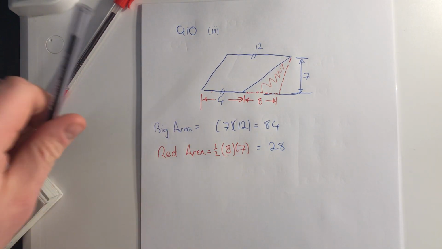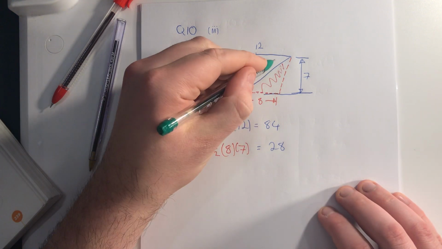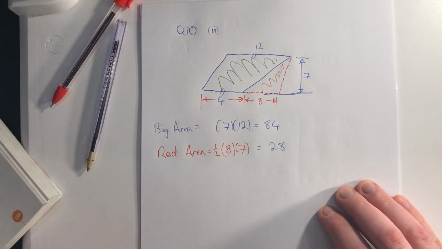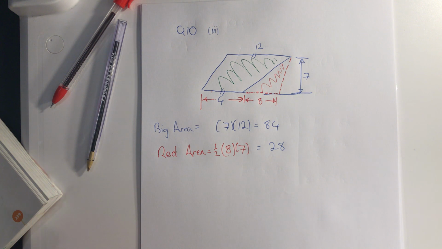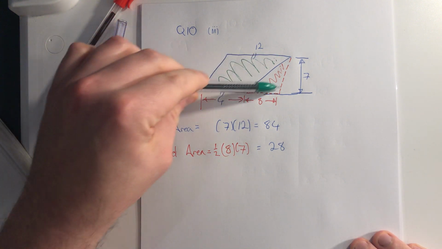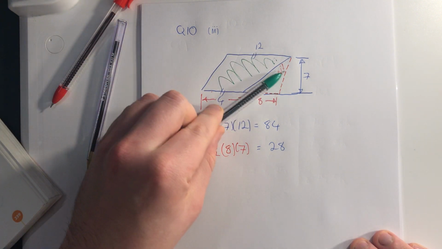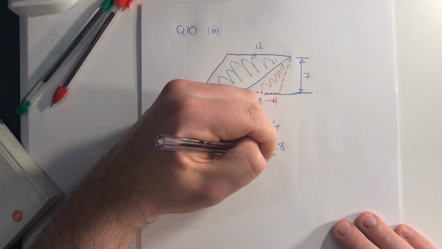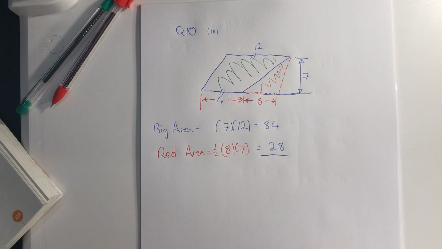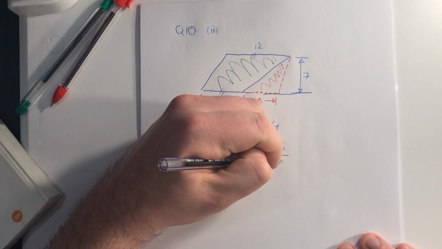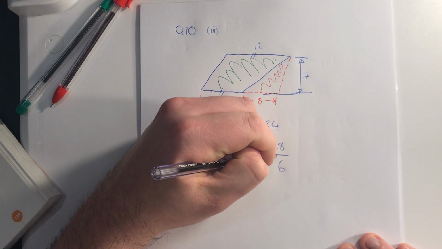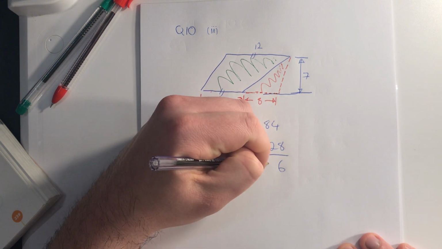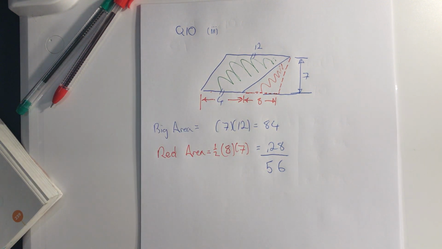So therefore, the green area, that area there, will be the area of the big shape if we subtract the red area from it. So it's going to be 84 minus 28, which gives us a 6 anyway, and then we have to pay back one, so that gives us a 5. So the area of the green is 56.